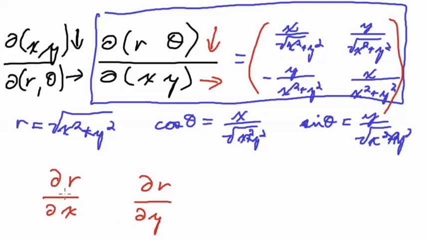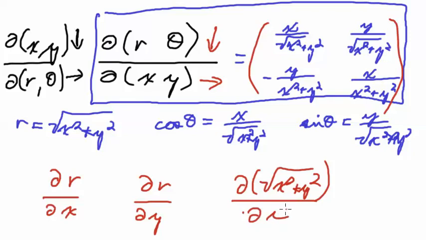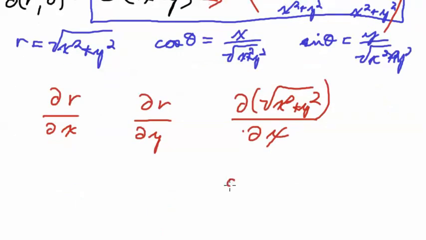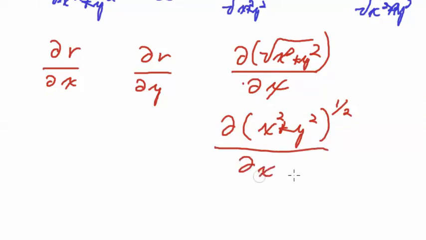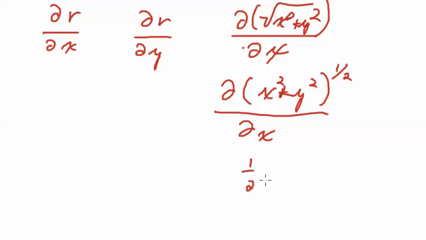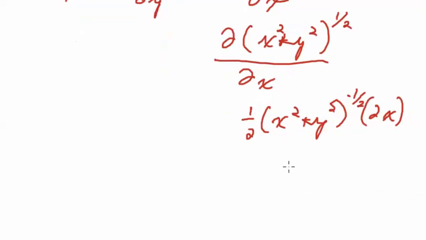But otherwise, I can confirm that this is del r del x by taking the derivative of square root of x squared plus y squared with respect to x, which is the derivative of x squared plus y squared to the 1/2, and the derivative of that with respect to x is 1/2 of x squared plus y squared to the negative 1/2 times 2x, which is x over square root of x squared plus y squared.